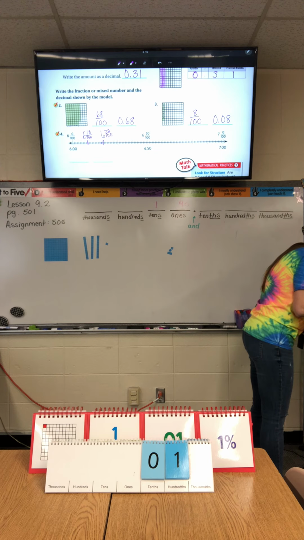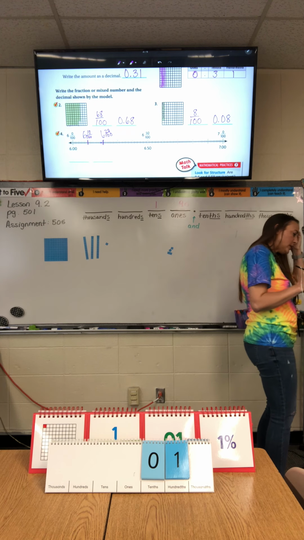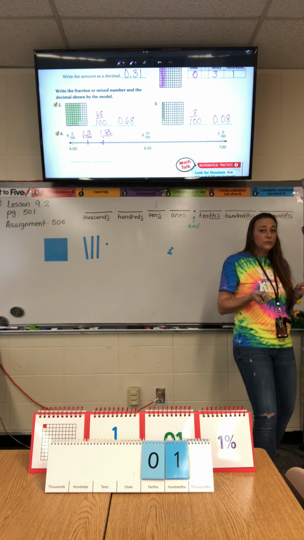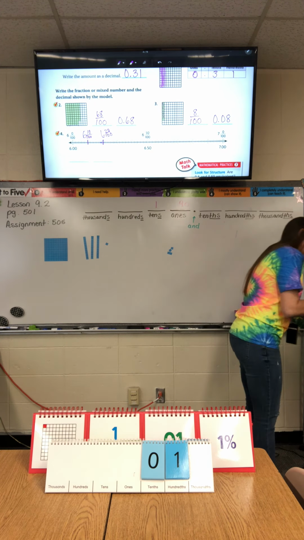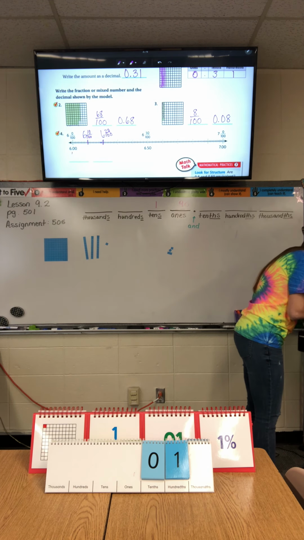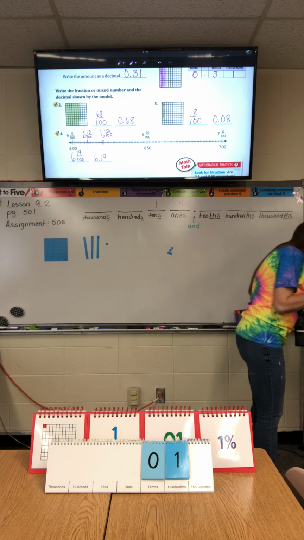So I'm looking at what is right before 20. What number comes before 20? 19. So this would be 6 and 19 hundredths, or 6.19. Okay?